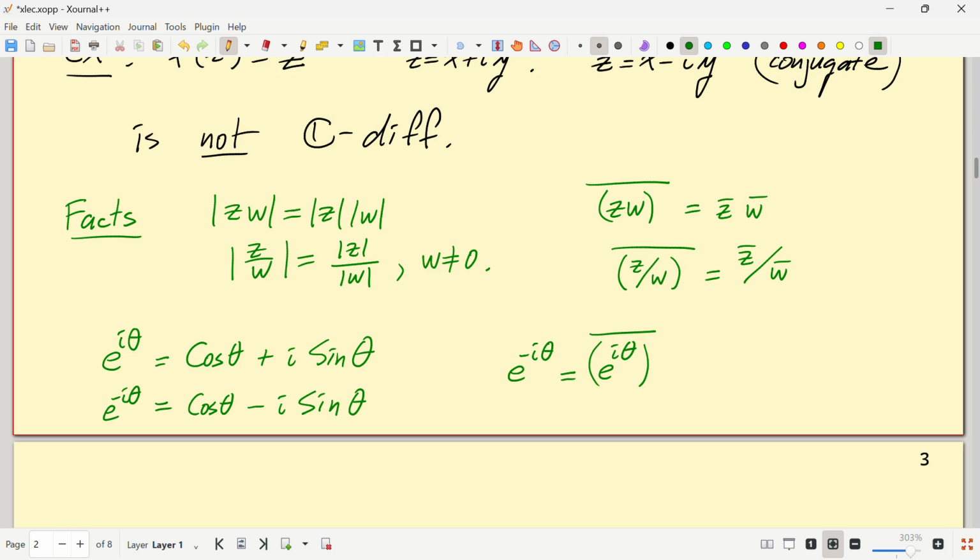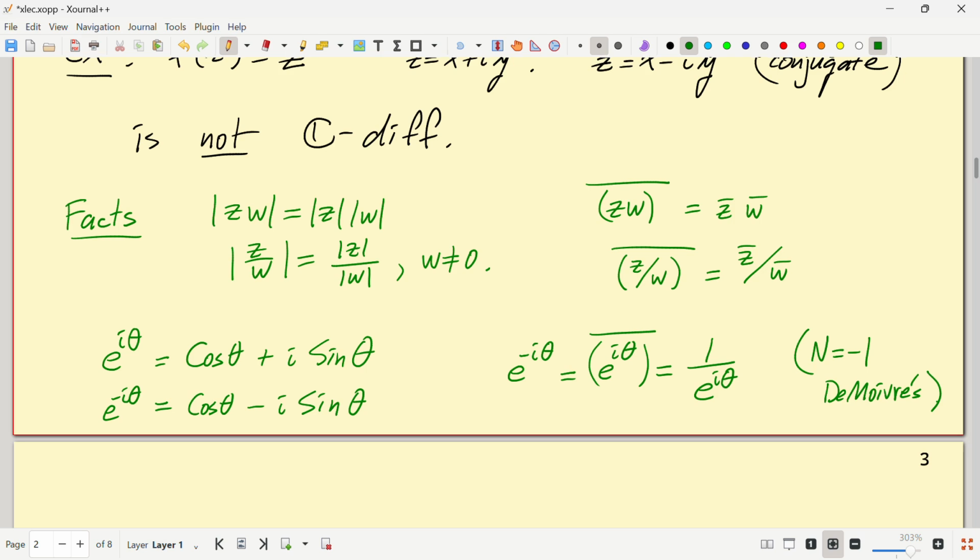And it's not hard to show that that's the same as 1 over e to the i theta. That's something to check. And that's the n equal minus 1 case in de Moivre's formula. Anyway, those are the facts I want to use in my next calculation. They're easy to check.